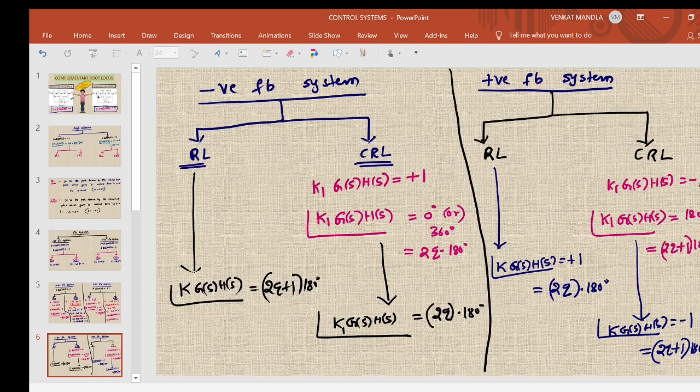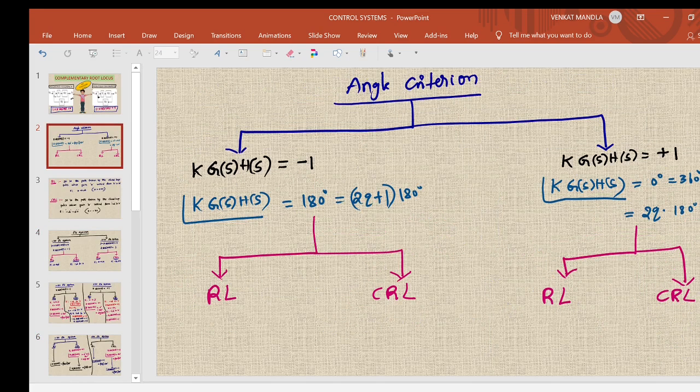So the summary is, first we have angle criterions. Two types of angle criterions are there, right? One type is odd multiples of 180 degrees and another type is even multiples of 180 degrees. When do we get these? When the system is a positive or negative feedback system.